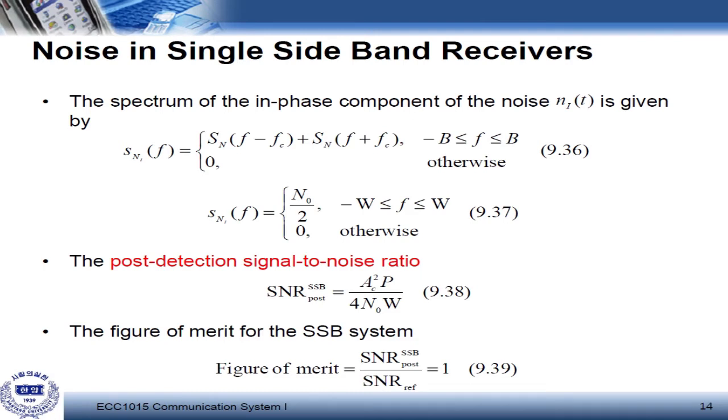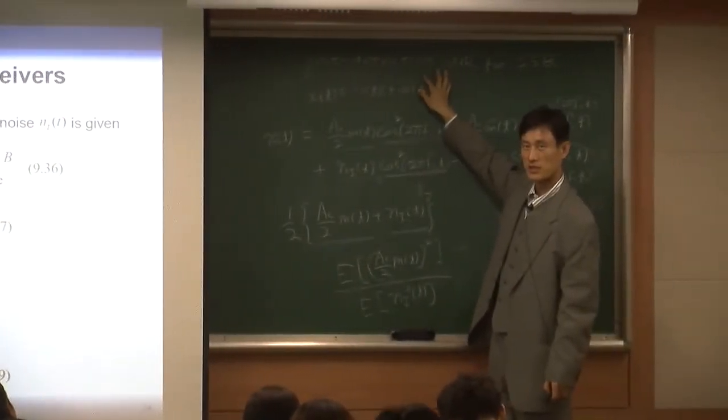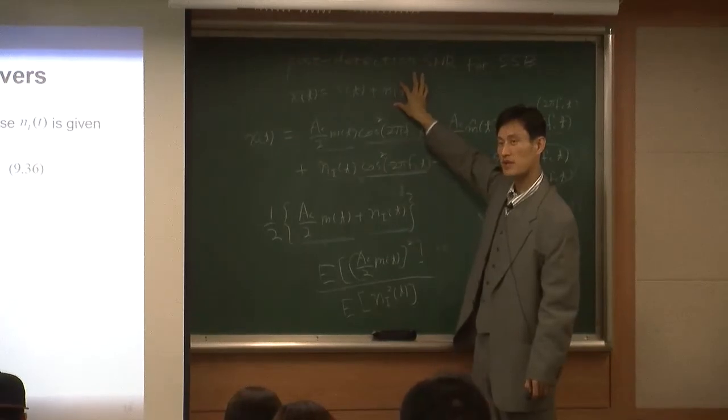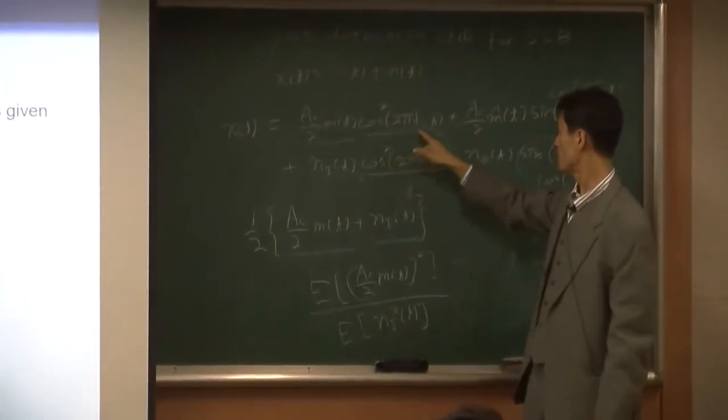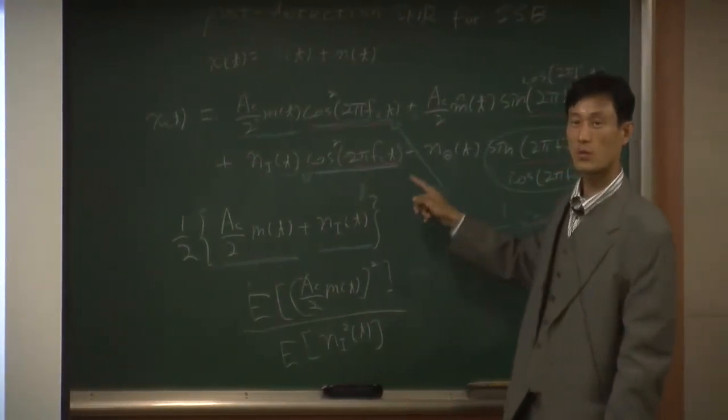Not that difficult, right? So always when you remember the post-detection SNR, every time you look at the post-detection, first thing you remember, NT, the passband noise, you want to change into baseband representation. Why?